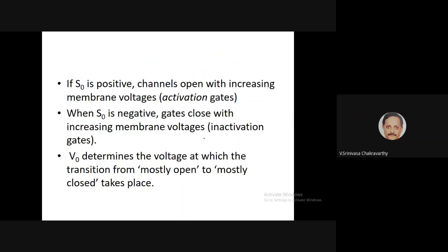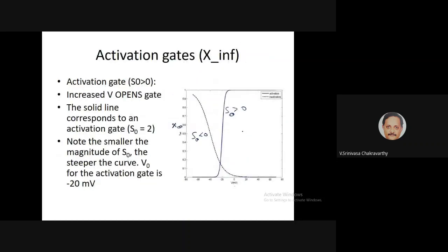So the reason we define this kind of a term called S naught is just to show this. That is, you can have two kinds of variation of x infinity as a function of voltage. One in which with increasing voltage the channels open. That is x infinity increasing means that will cause x to increase, because x simply follows x infinity.